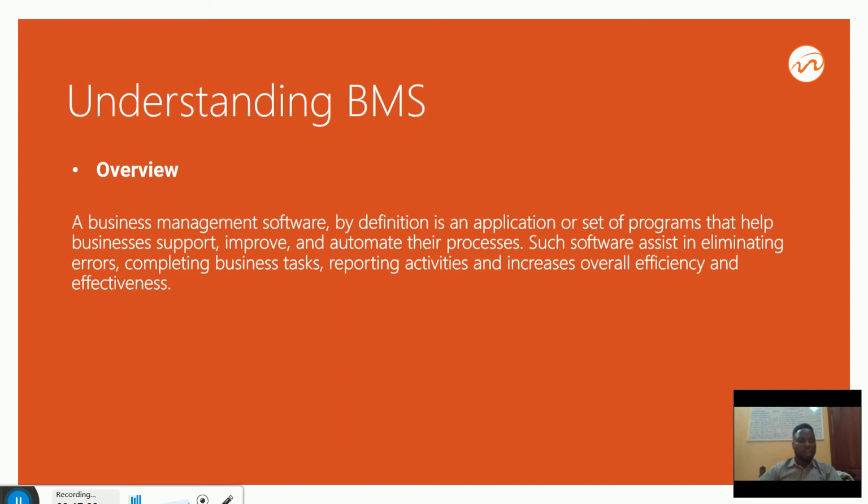It's more like saying that business management solutions or software are applications that help businesses to support, improve and automate their processes, to eliminate errors, improve reporting activities, and to increase overall efficiency and effectiveness. So those are the things that are related to business management solutions.